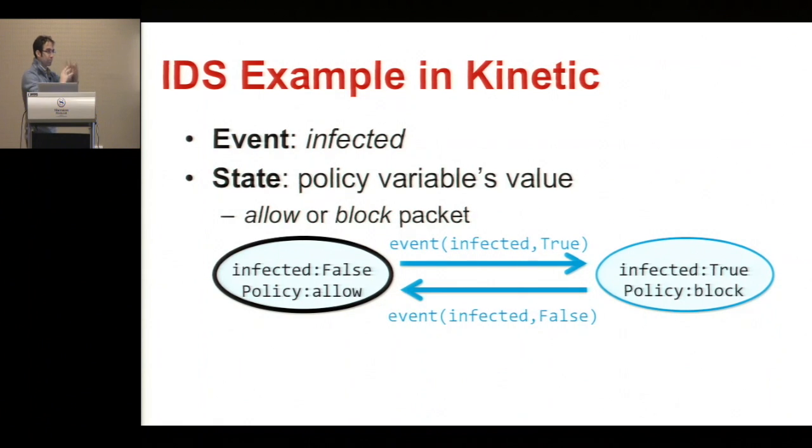Life is a little bit easier because we've got that logically centralized control, but we still need a way of encoding that. So we've got a finite state machine that we're trying to encode at that logically centralized controller, and it can take in these events. A type of event would be one that changes the value of the infected variable.